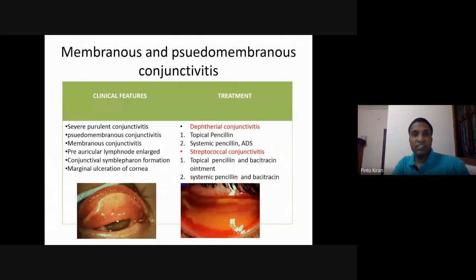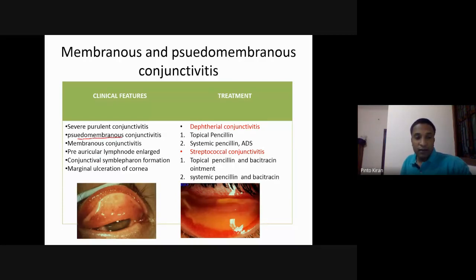Now, other forms of conjunctivitis. It can be membranous or pseudomembranous conjunctivitis. What do you mean by membranous and pseudomembranous conjunctivitis? Again, it's a very severe form of conjunctivitis. Whenever the exudate forms a membrane over the surface of the conjunctiva which can be peeled off easily without causing any bleeding, it is known as a pseudomembrane.